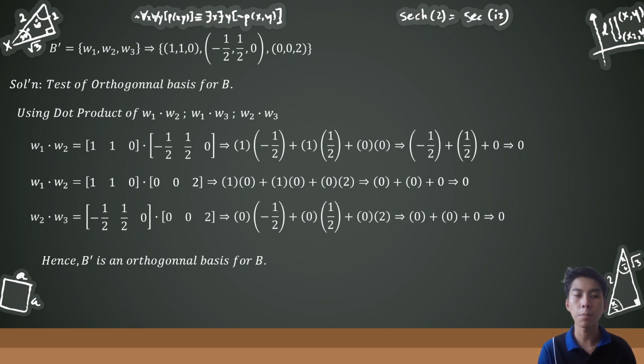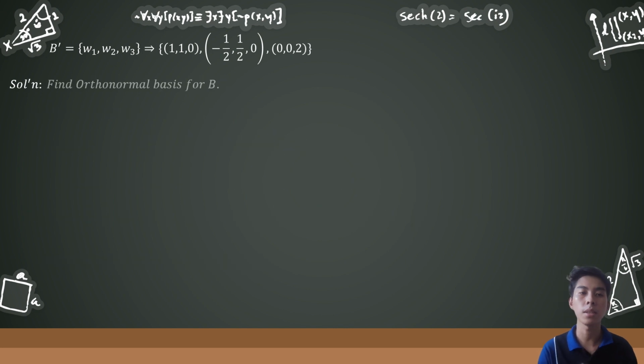And this time, we can now proceed to the orthonormal test using the Gram-Schmidt process, to know if the newly accumulated set of vectors u sub 1, u sub 2, and u sub 3 is orthonormal.